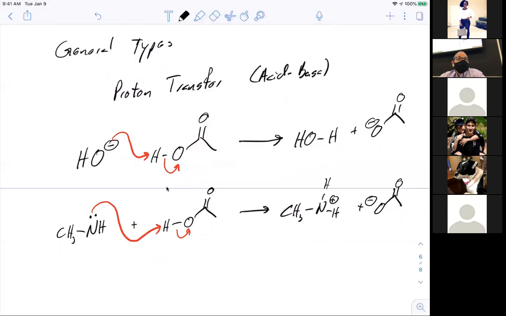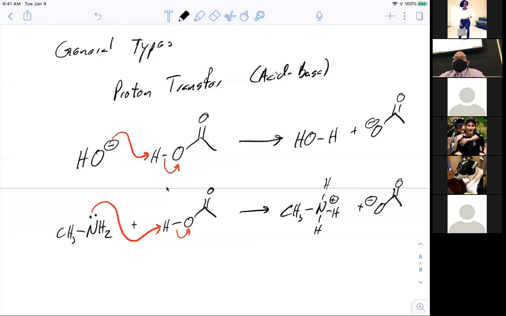Questions on this one? Yes, sir. Here, left side. This one does not have a negative charge. So if we look, oh wait, good catch. I should have 2 hydrogens.